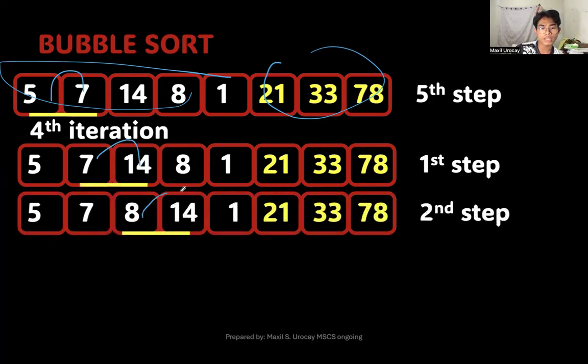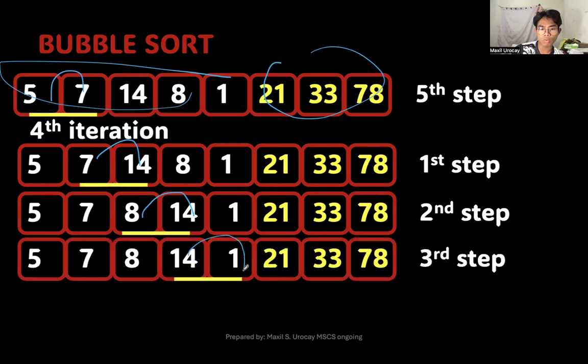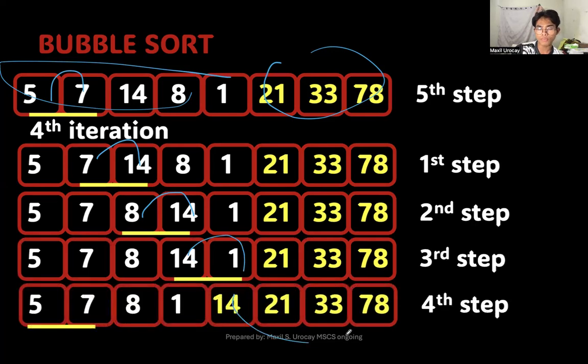For the third step in our fourth iteration, there's no need to swap. 14 and 1, swap them. That's the fourth step. So the 4 elements are already sorted, and we have 4 elements left. That's how we work, and that's the end of that iteration.